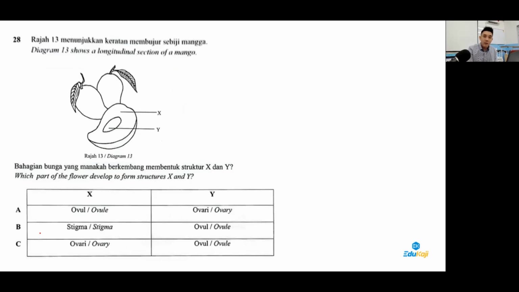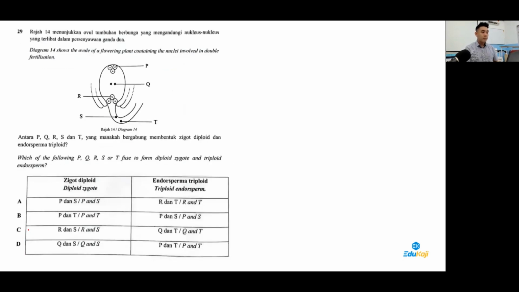Form 5/6. Okay, plant reproduction. So 28 here, you should get the answer C. Because ovary forms the fruit, ovule forms the seed. Ovary form the fruit, ovule form the seed. Okay, double fertilization, check.